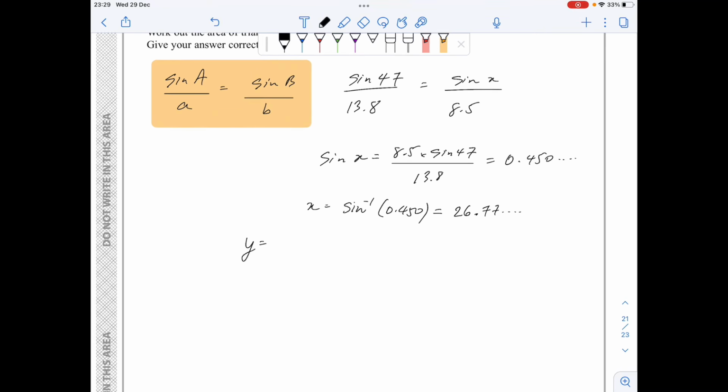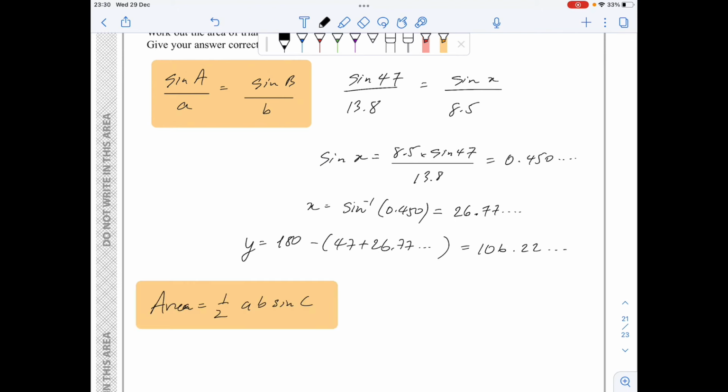So y is equal to 180 minus the other 2 angles of the triangle, which comes out to be 106.22 and so on. And then I'm going to use the formula for the area.